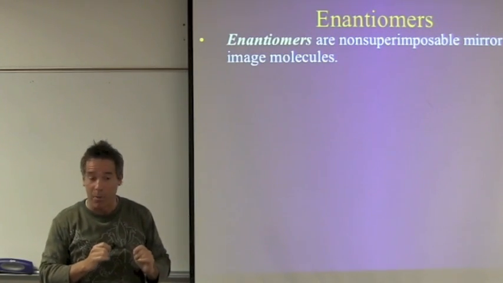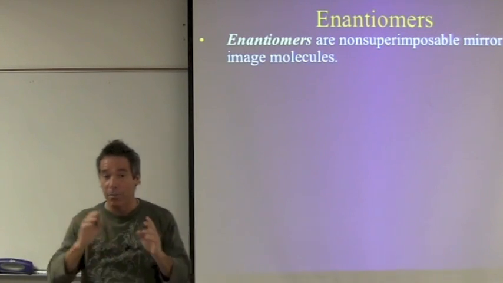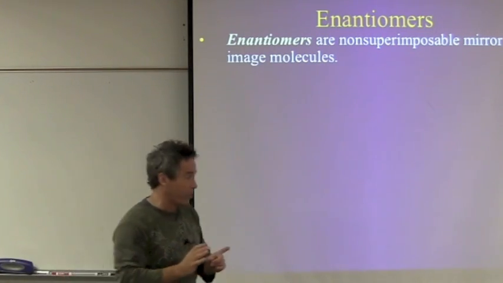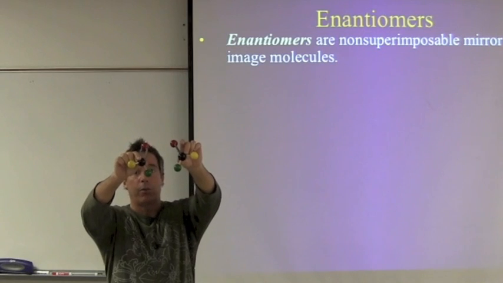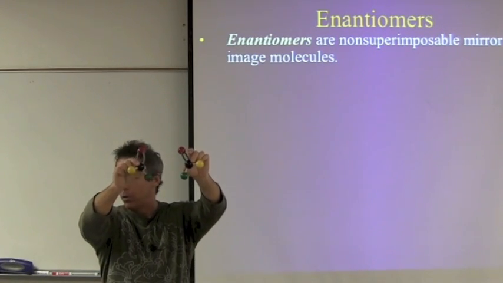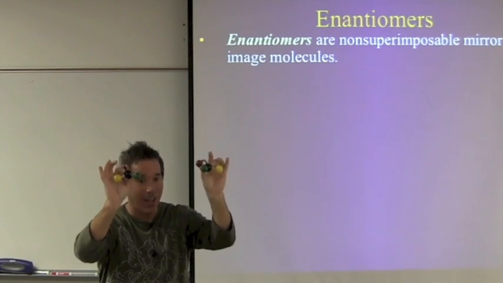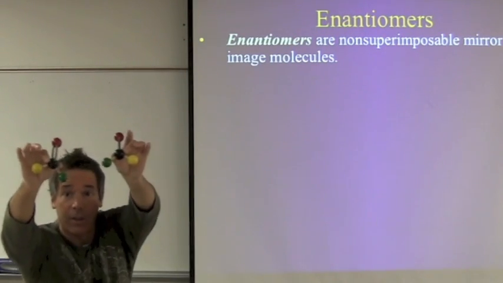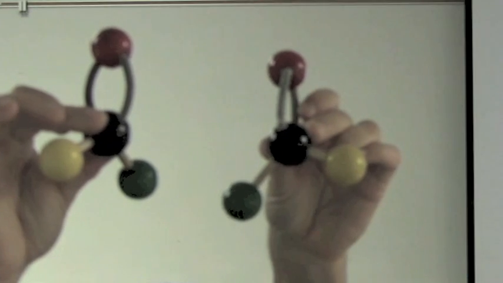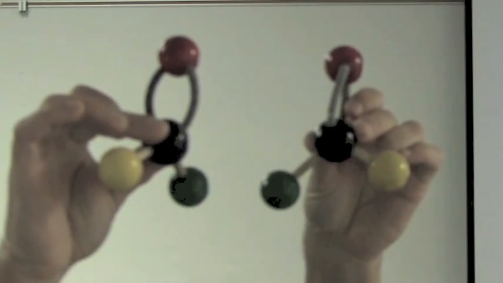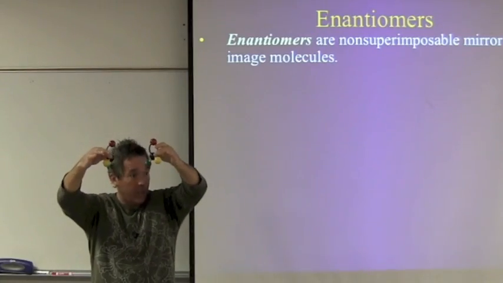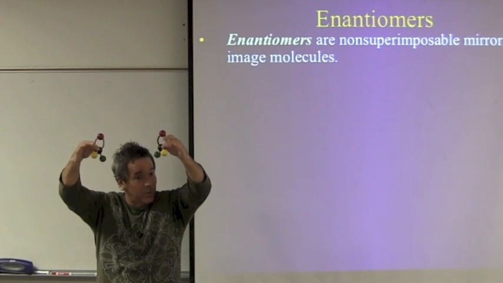Let me show you another example of a molecule that has a mirror image that is superimposable. Notice the black sphere, that should represent carbon. We're always going to look at carbons because we're doing organic chemistry. I have a red sphere, a yellow sphere, and a green sphere on these. Those would just represent different groups. Could be methyl, ethyl, hydrogen. This one looks in the mirror and sees this one, right?